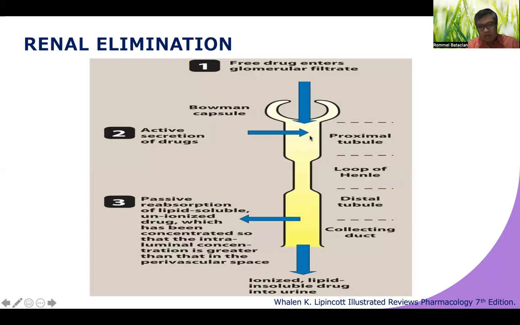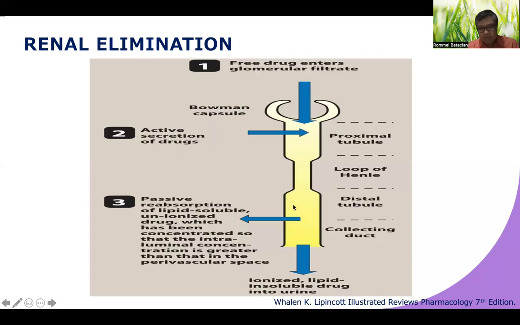And then that free drug goes to the glomerular filtrate, it filters out, and then eventually goes to the tubules. There are some drugs that could be actively secreted by the proximal tubule, and then eventually go through the other segments of the tubule, from the loop to the distal tubule, and there will be instances that there could be a passive reabsorption, particularly of lipophilic and un-ionized medications, especially where there is increased luminal concentration.